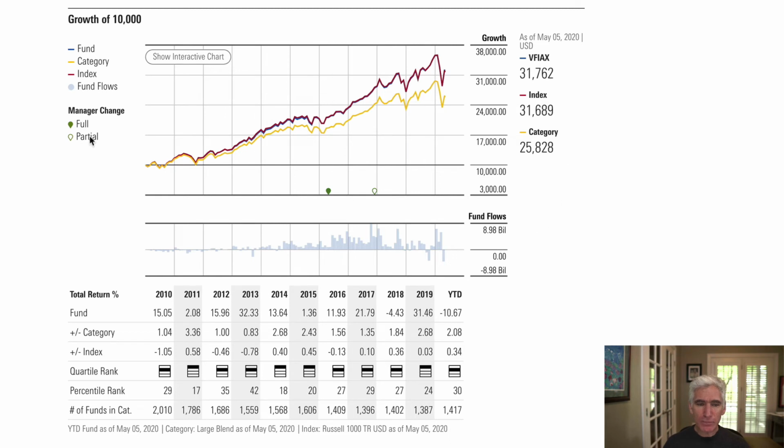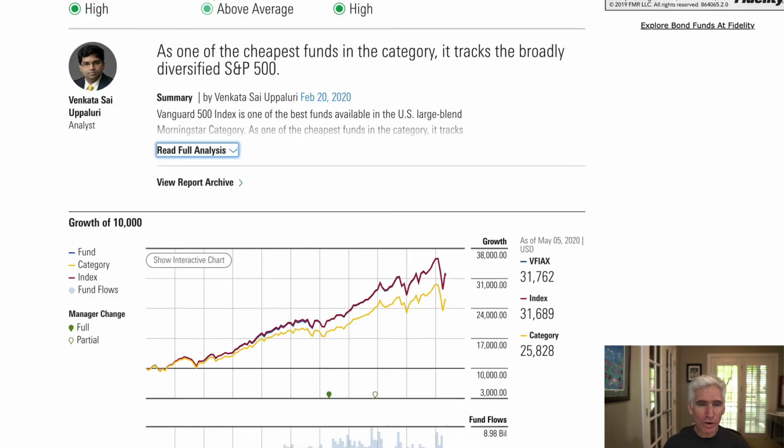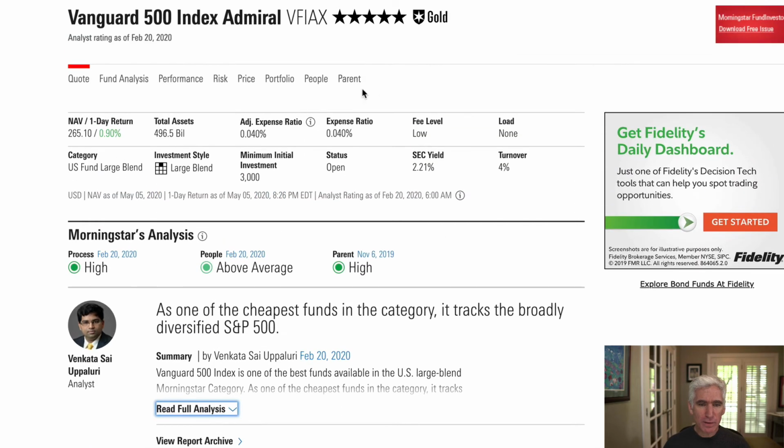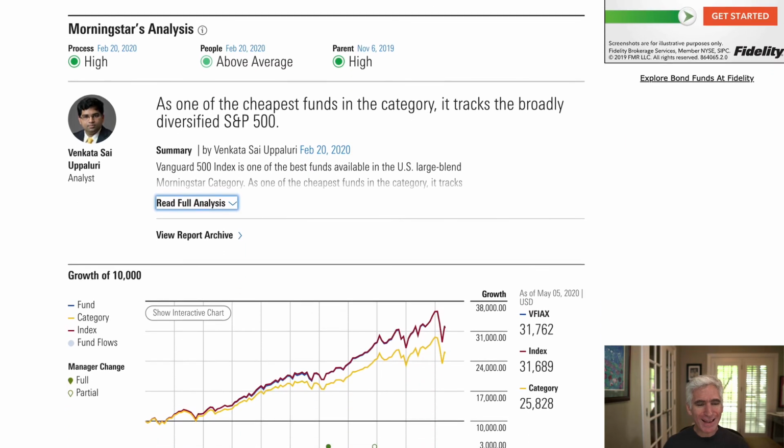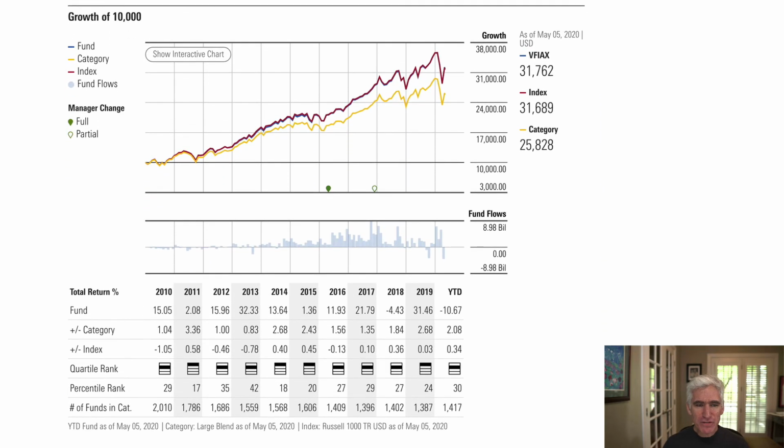Now, you can see they indicate if there's been manager changes. We're going to look at people, which is actually a category of information that Morningstar shows you for a mutual fund. However, in the case of an index fund, the folks that manage it aren't actually as important because they're not actually making meaningful investment decisions. They're just tracking an S&P 500 index fund.